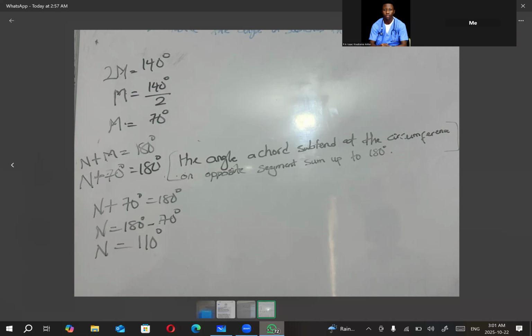It is the formula. What formula? The angles subtended at the circumference on opposite segments sum to 180. So the property must be written by the side of that equation. You can write the property anywhere, because it's based on the property that you make this establishment.